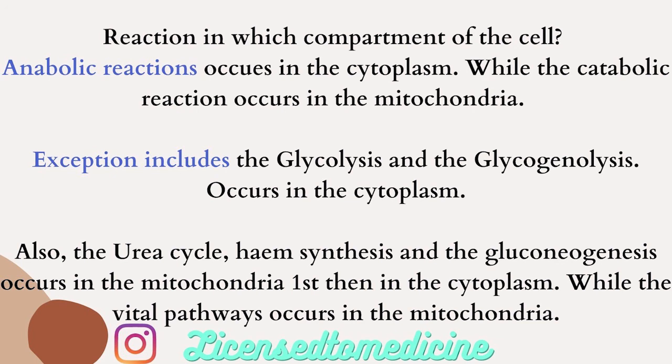That is, their first one to two reactions occur in the mitochondria and then the reaction proceeds in the cytoplasm. So we have three examples here which occur in both compartments, that is urea cycle, heme synthesis and gluconeogenesis. These three reactions occur in the mitochondria and then continue in the cytoplasm.